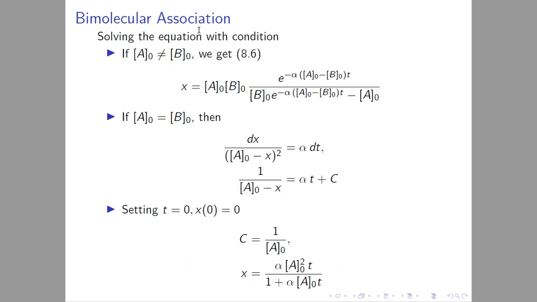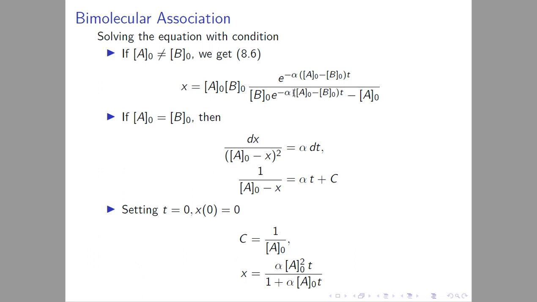If the initial concentration of A is not equal to the initial concentration of B, then solving that equation, we get X equal to A naught B naught exponential minus alpha A naught minus B naught, and so on.